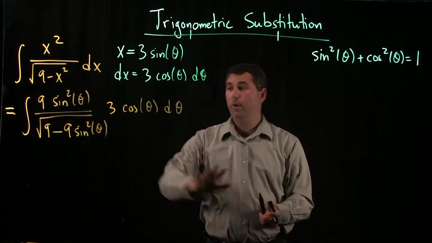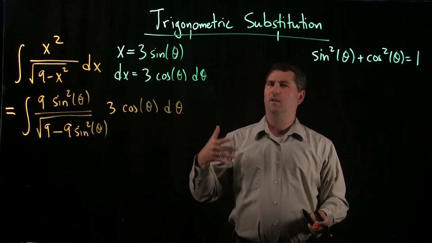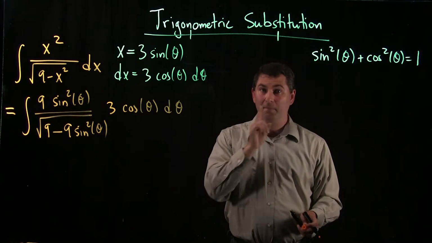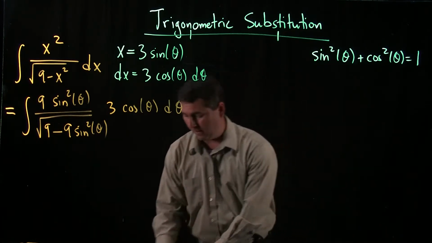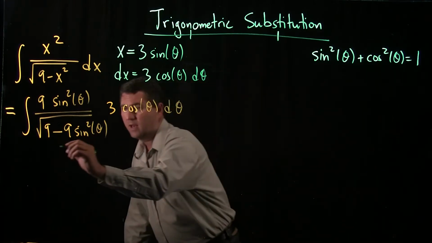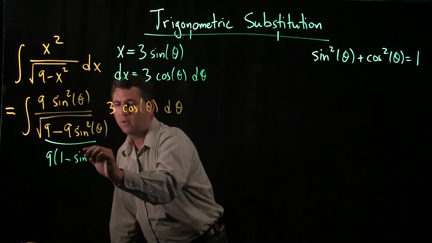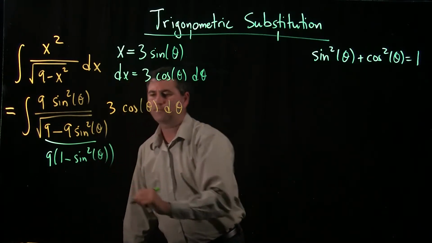All right, now everything is rewritten in terms of theta. So there's a chance we could solve this, but it looks horribly complicated. But something very nice is going on. Let's factor a 9 out of this 9 minus 9 sine squared. So this becomes 9 times 1 minus sine squared theta.